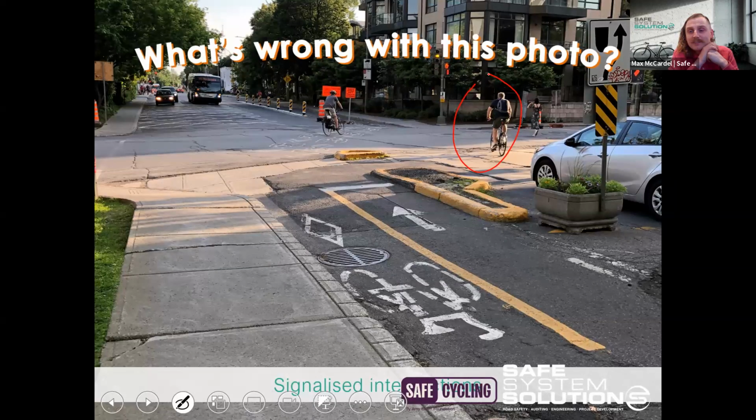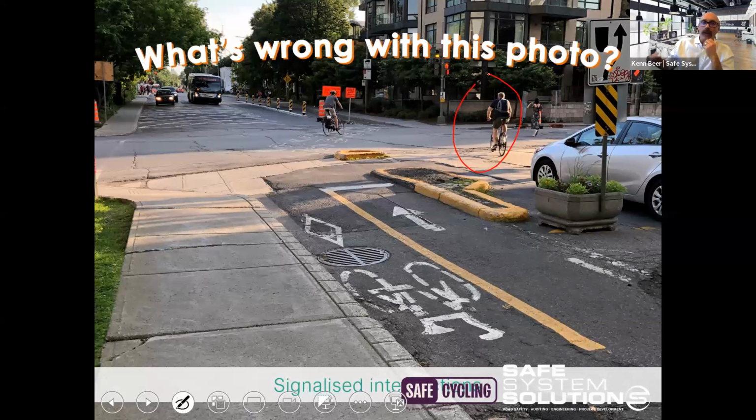Did you have any thoughts on this type of way that this has been arranged there, Ken? Well, yeah. I've looked at a number of these across Australia and in Canada as well. There's a few interesting ones.